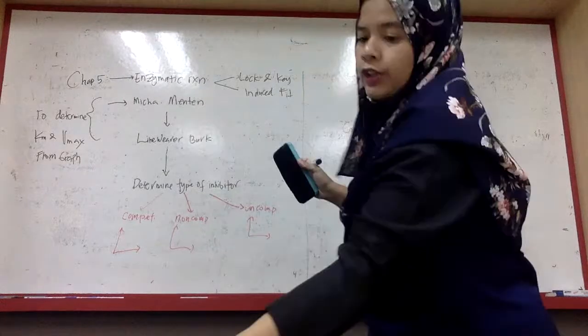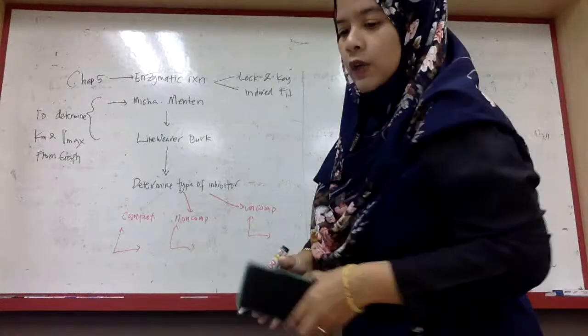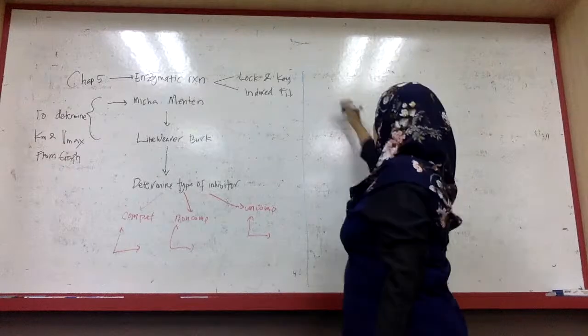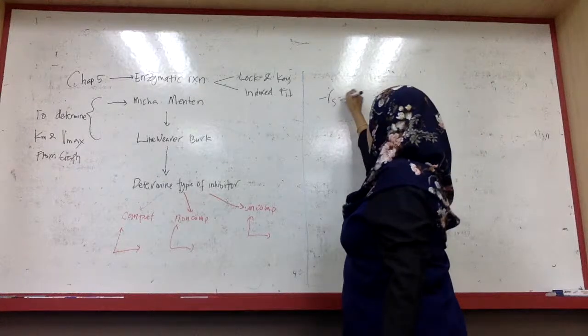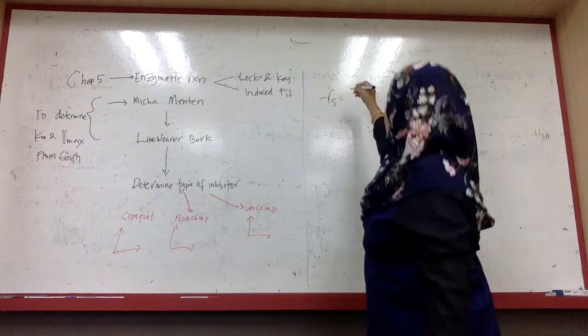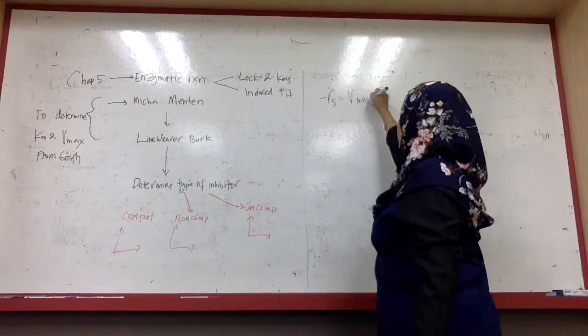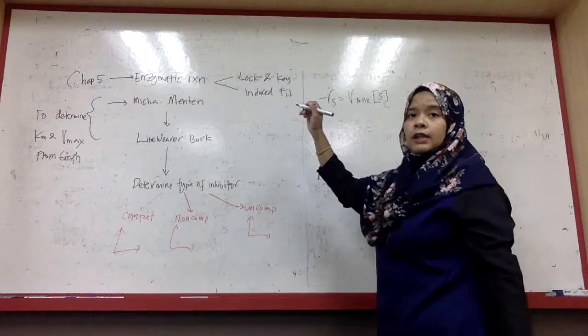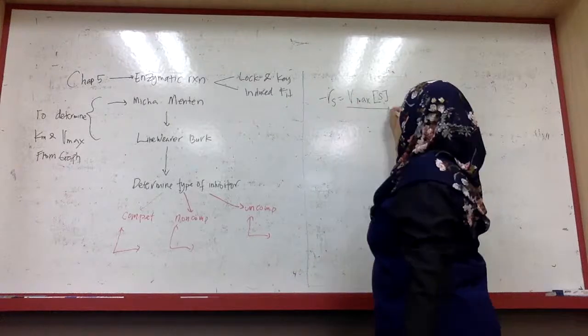So if you refer to your textbook, there will be equation 7-26, which is minus rS equals Vmax S over Km plus S. S is supposed to be a concentration, the concentration of substrate.